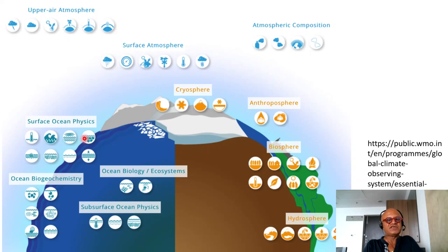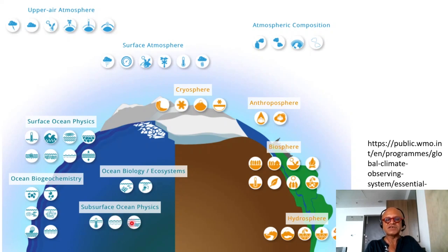Surface ocean physics parameters: temperature, waves, currents, air-sea exchanges, etc. Ocean biogeochemistry, including carbon, nitrogen, chlorophyll, oxygen, whatever else. Ocean biology and ecosystems, so chlorophyll comes in there, could include marine ecosystems and so on.